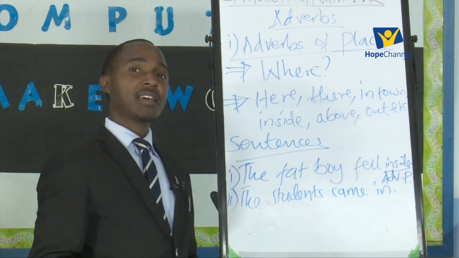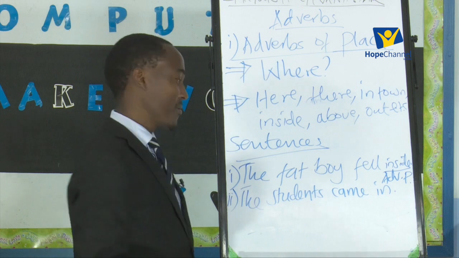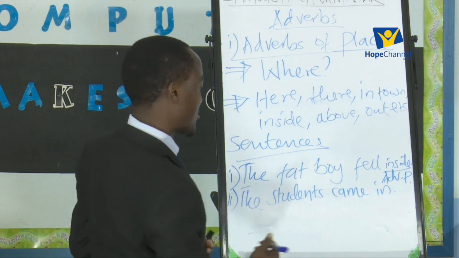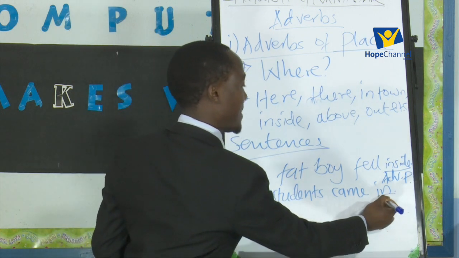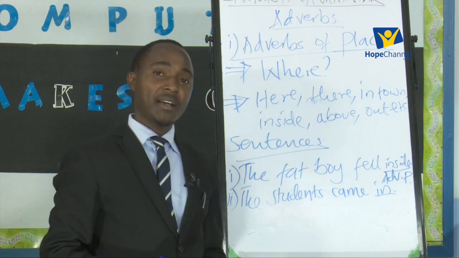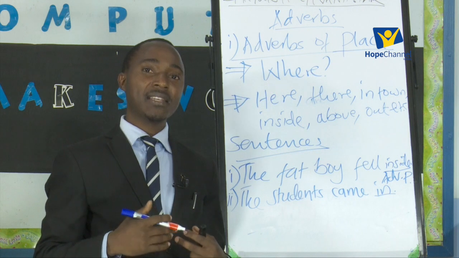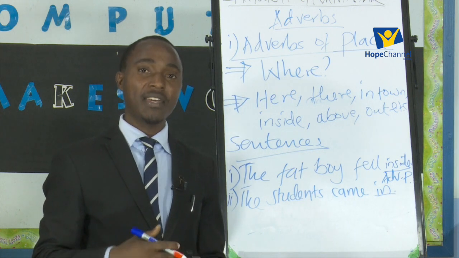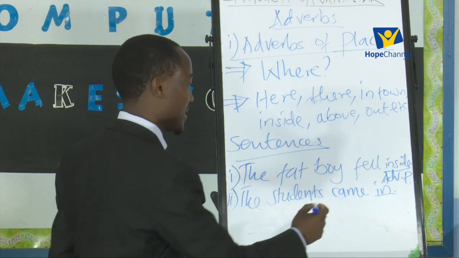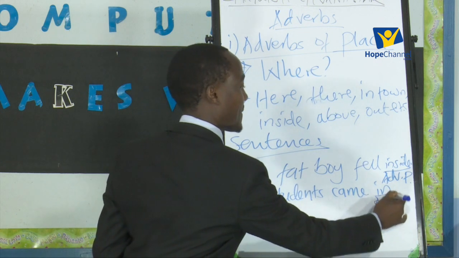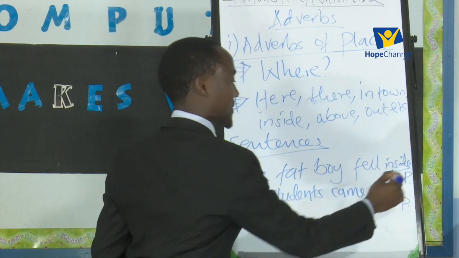The students came in. So, what do we have here? In is our adverb. And we got the adverb by asking the question, where did the students come? They came in. So in is our adverb of place.